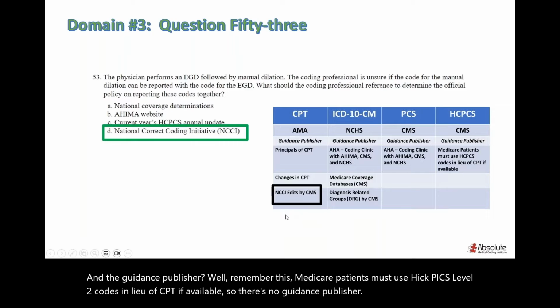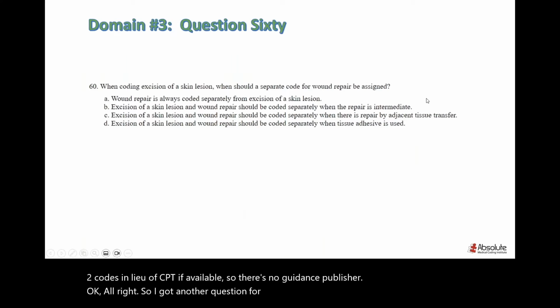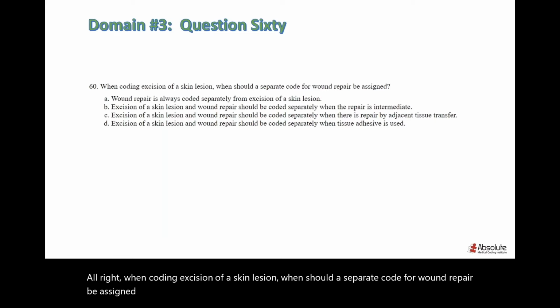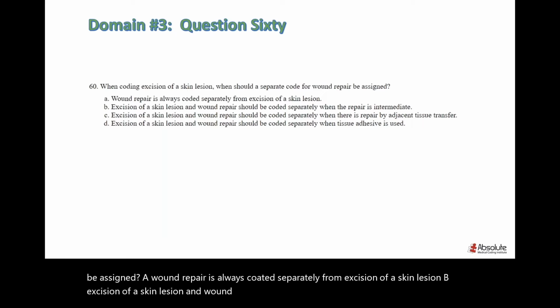All right, so I got another question for you. When coding excision of a skin lesion, when should a separate code for wound repair be assigned? A. Wound repair is always coded separately from excision of a skin lesion. B. Excision of a skin lesion and wound repair should be coded separately when the repair is intermediate.